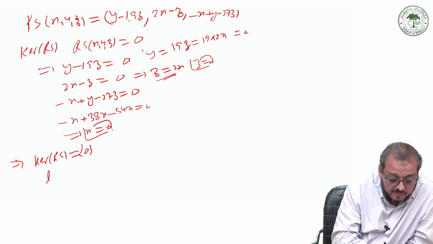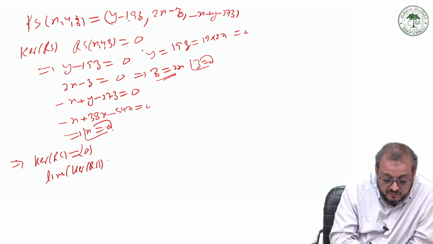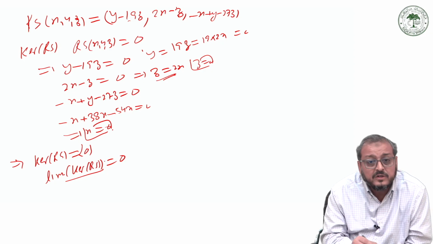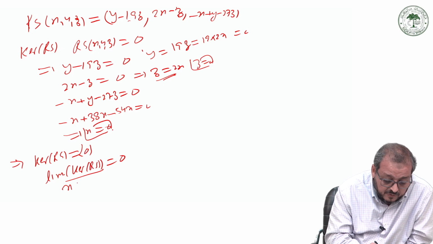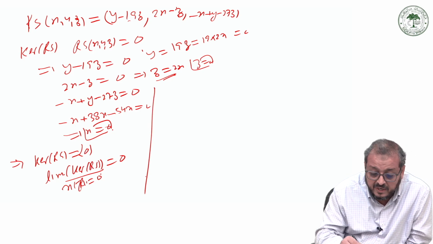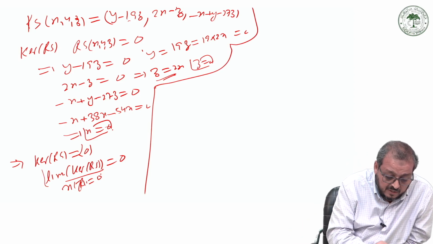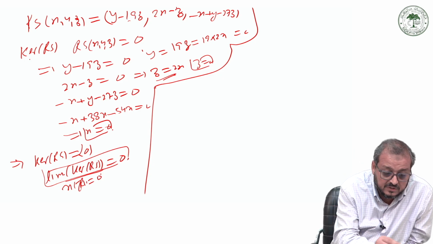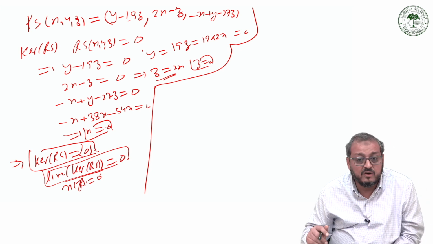So we can say that the dimension of the kernel of RS is equal to 0, and the null space is 0, so the nullity of RS is equal to 0. Next we find the range.